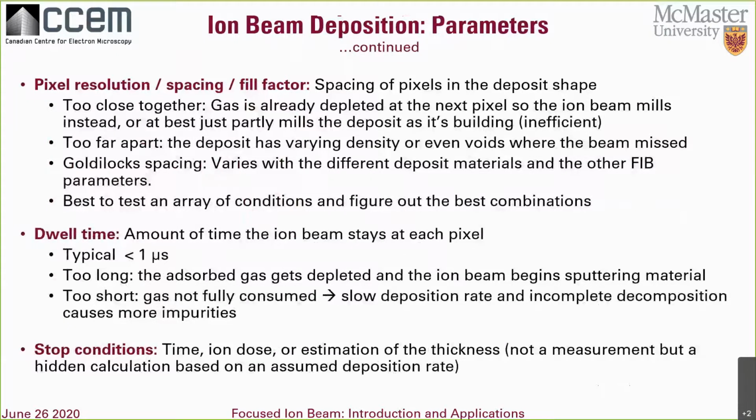Okay, next question. Same question, but can you make comments on electron beam deposition? Yeah, okay, so for electron beam deposition, it is slow. So you only want to do that for as much as you need. And what you need is probably just enough to prevent the ion beam from damaging the material.